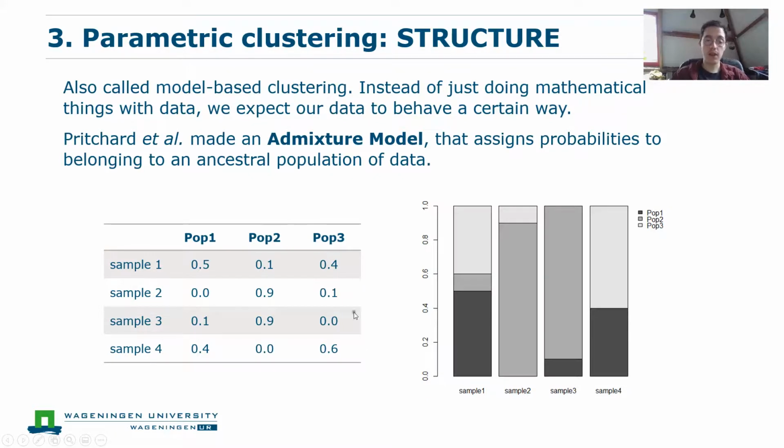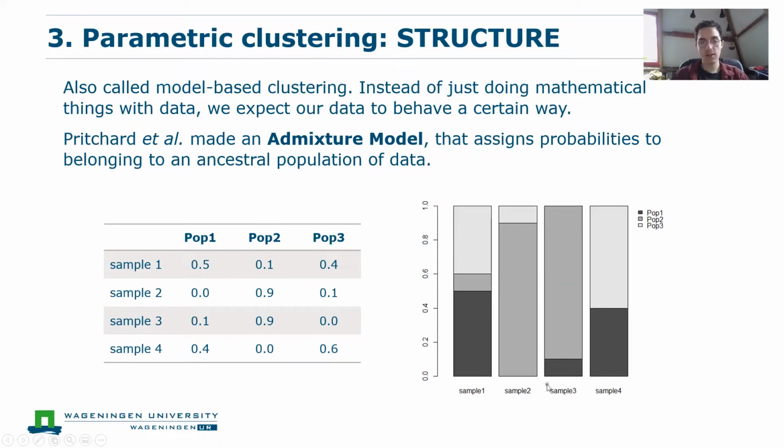And you can prove that these probabilities of belonging are equivalent to the ancestry of those samples, so that this is equivalent to saying sample 1 has 50% of the genetic material from population 1, 10% from population 2, and 40% from population 3.